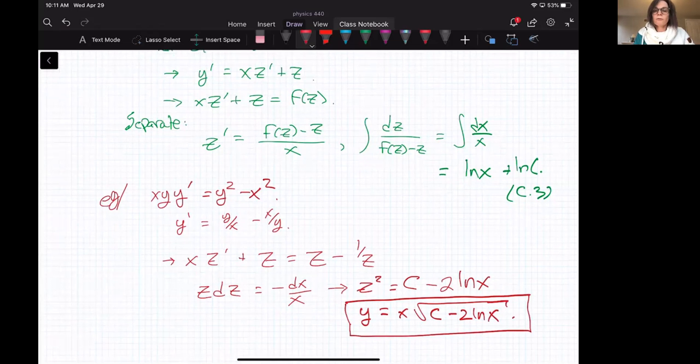And if we want to get any further than that, we need our boundary conditions. Right? So this is just a simple trick. If you can identify a differential equation like we have over here, that clearly depends on the ratio of x and y, it's not necessarily the most obvious or usual differential equation you run into, but you will occasionally.